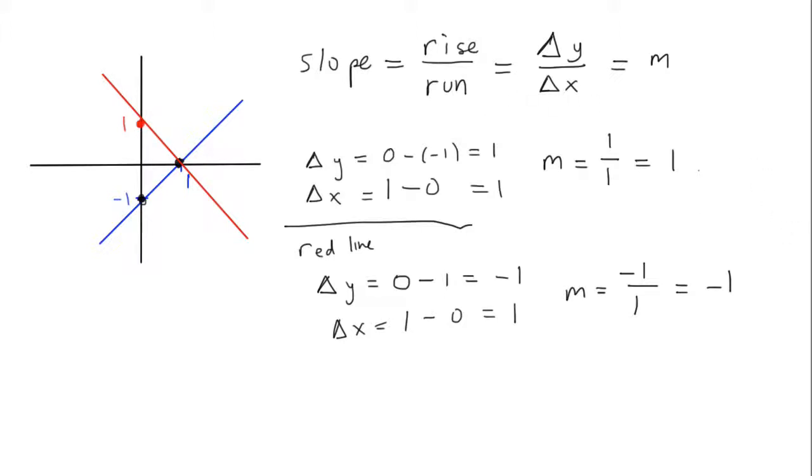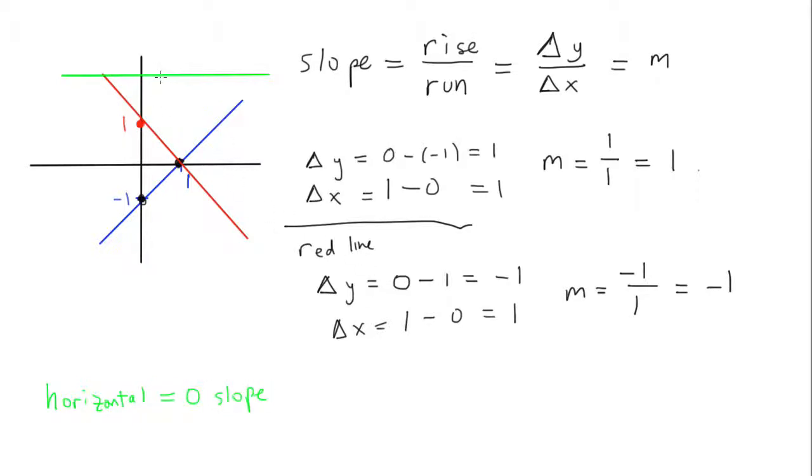Okay, now there are 2 other special cases that we could consider. The first is, what about if the line has essentially no slope? So I'll draw in a horizontal line in green, and so horizontal has 0 for its slope.